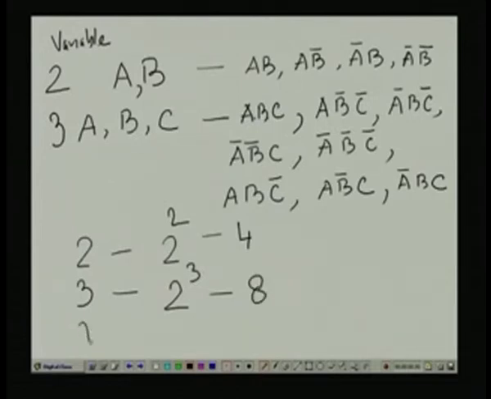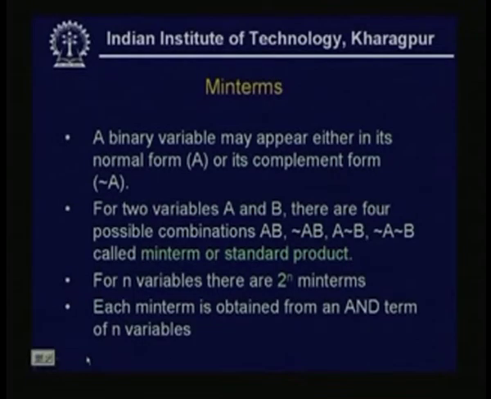So, if it is n variables, 2 to the power n such product terms will be there, or the min terms are 2 to the power n min terms will be there. So, for n variables there are 2 to the power n min terms. Now, each min term is obtained from an AND term of n variables, as just now I have shown.